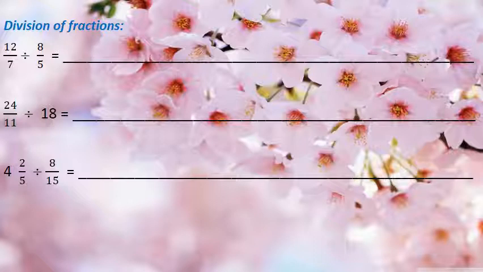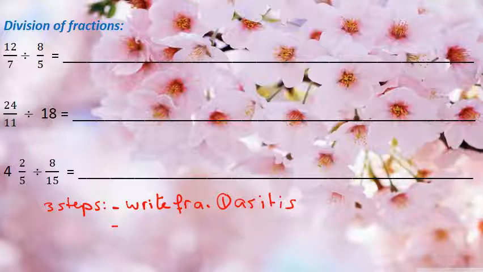Now we will perform division of a fraction. In division of fractions, we have 3 steps. Step number 1, write fraction 1 as it is. Second step, we change the division into multiplication.